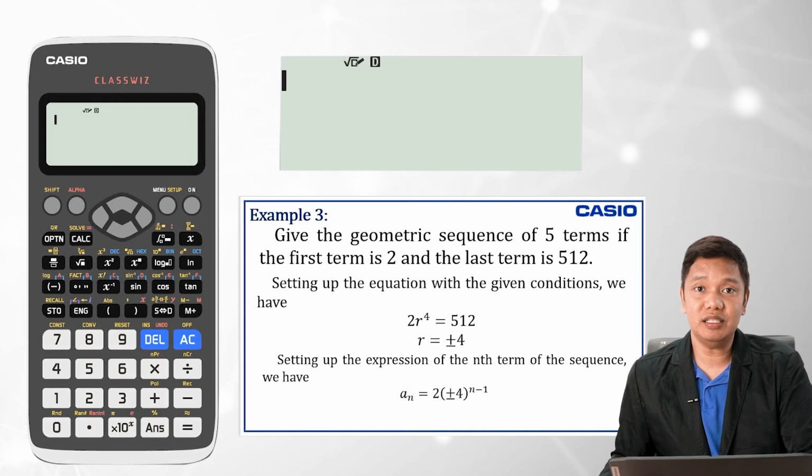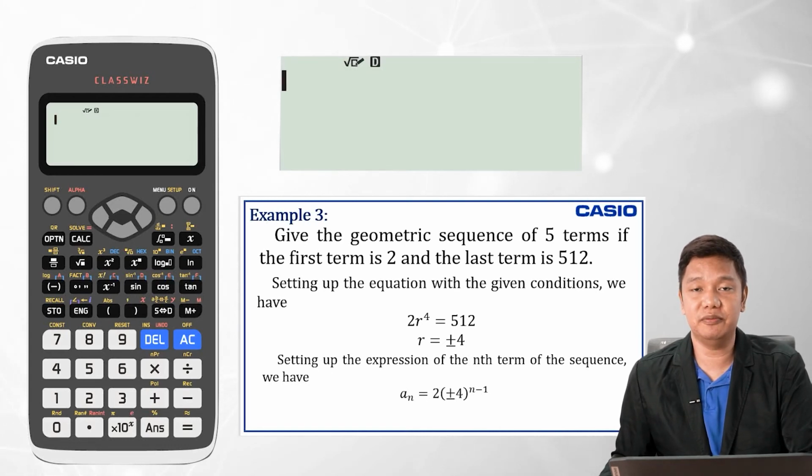Since we have two possible values for the common ratio, which are positive 4 and negative 4, we will be having two different geometric sequences of 5 terms. Setting up the nth term for these two possible sequences, we have a sub n is equal to 2 times positive or negative 4 raised to n minus 1.